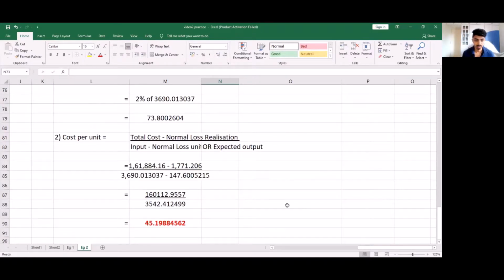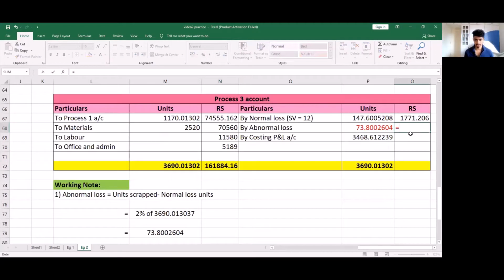So our total cost is 1,61,884.16. Our normal loss realization is 1,771.206. And our input is 3,690.01302. And our normal loss units is 147.6005. So by doing this, we get the cost per unit as 45.19. So let's multiply this on both sides to find the abnormal loss and the costing P&L value.